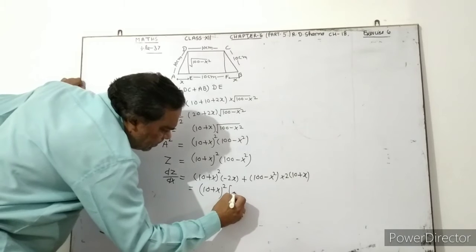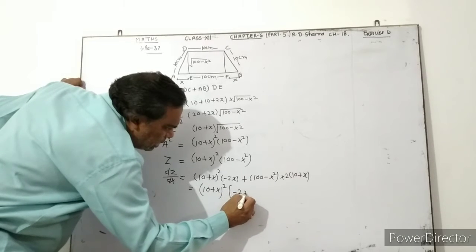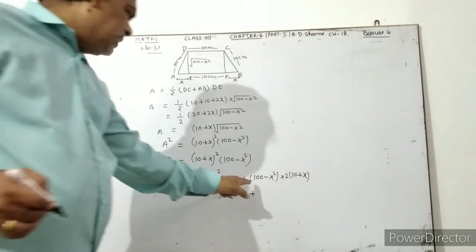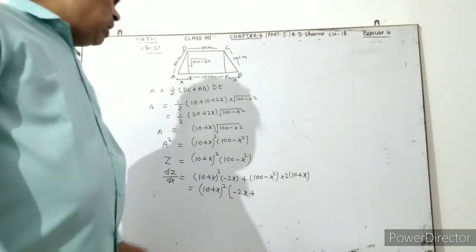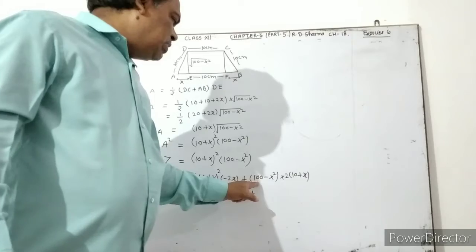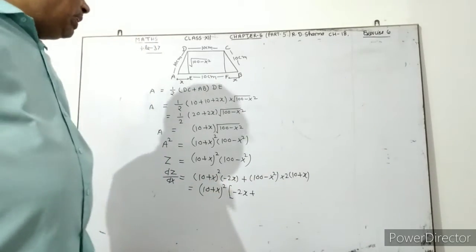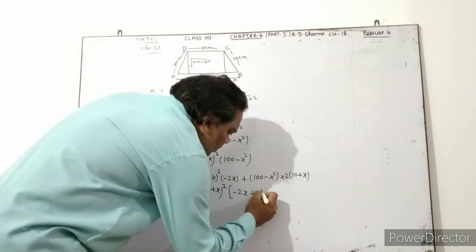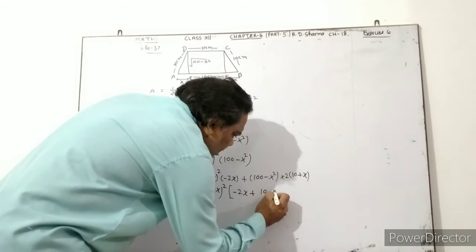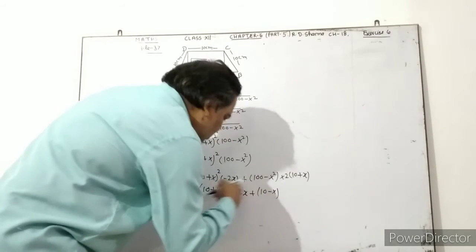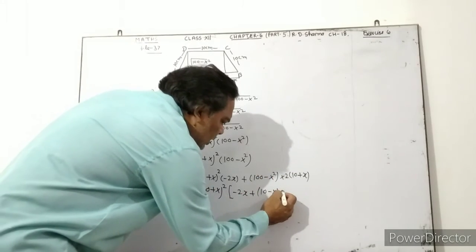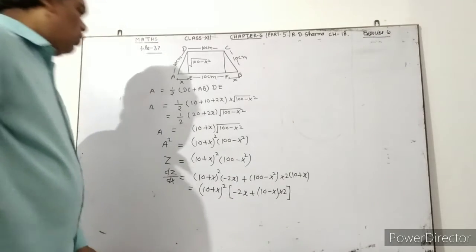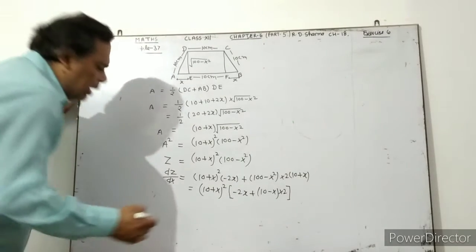Then this is minus 2x, and this is 10 plus x. 10 plus x is common. Then what is remaining here? 10 minus x, 10 minus x, 10 minus x, and 10 plus x whole square is common, and this is 2. Now what is the equation?